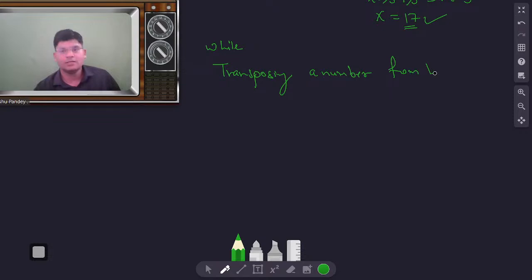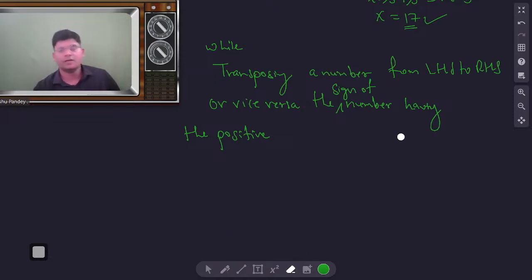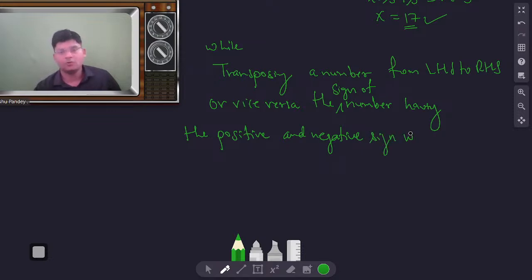So we can say that while transposing a number from LHS to RHS or vice versa, the sign of the number, sign means positive and negative, the sign of the number having the positive and negative sign with respect to the variable is changed.